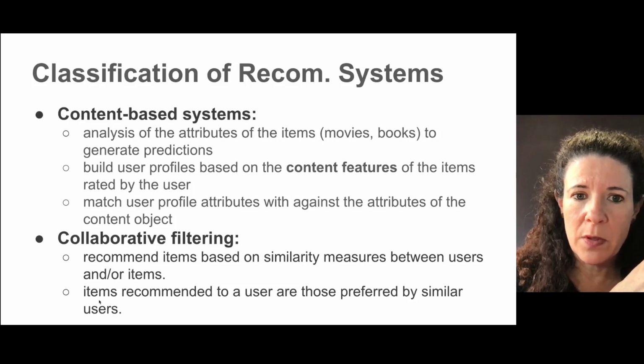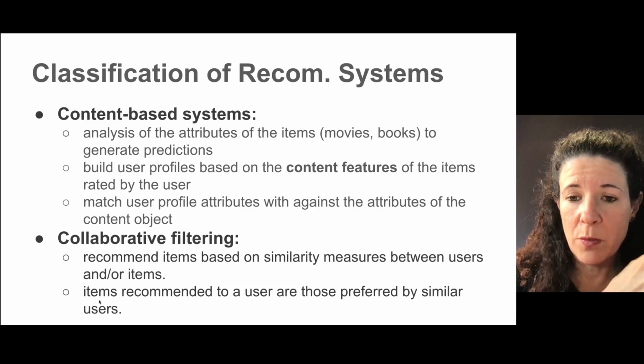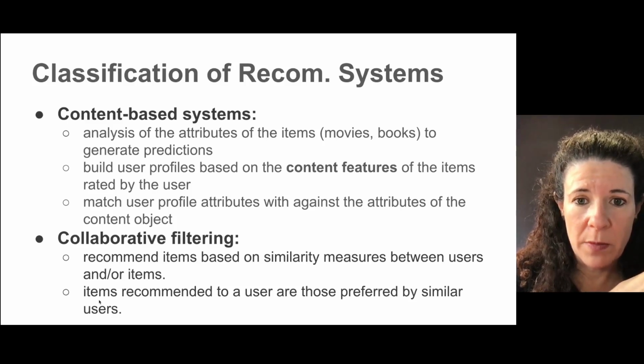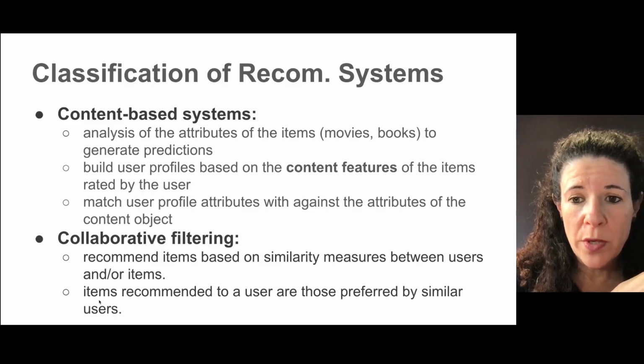So, for example, you can have books or movies, and we will compute attributes based on the content of these movies or books, and we're going to use those to make recommendations. What can we do with these attributes?